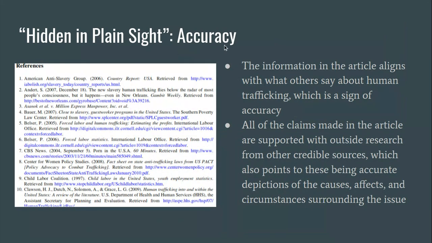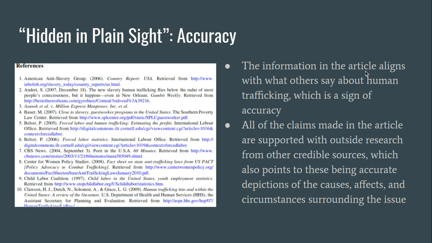The next part of the CRAP test and the next criteria that I'm looking at is accuracy. This is the particular criteria we use where we're looking at how accurate the information in the article is. So one way that you can look at that is to look at how it aligns with what others are saying about human trafficking.